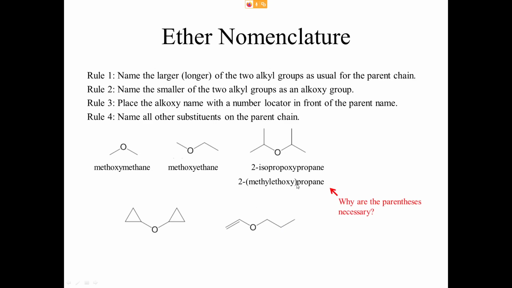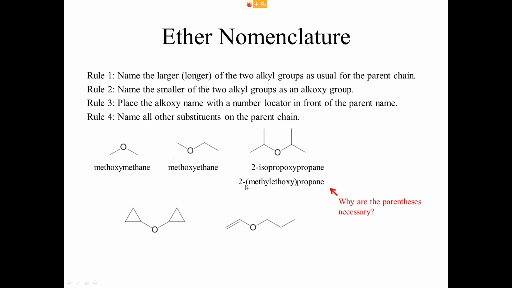So why are there parentheses here? I didn't put them up here, but why do I put them here? To show that the whole methyl ethoxy is on 2. Right, so it's exactly right. So it shows everything in parentheses is on number 2 of the propane.